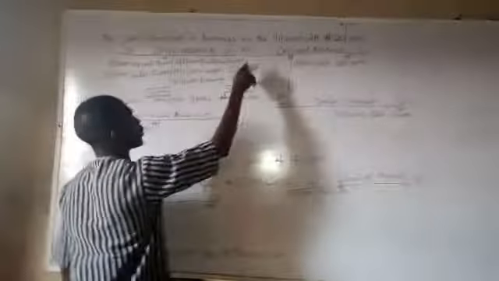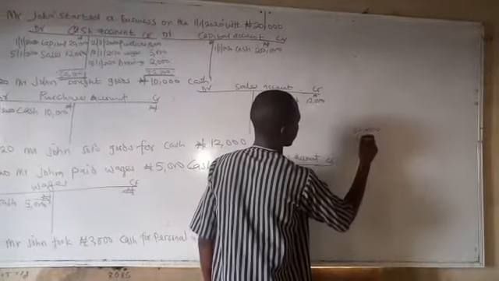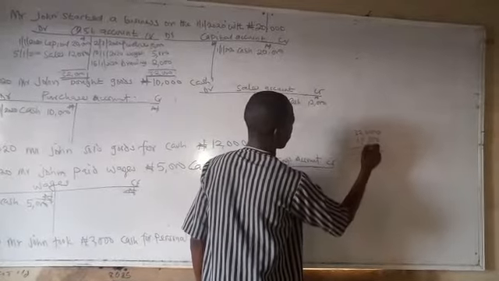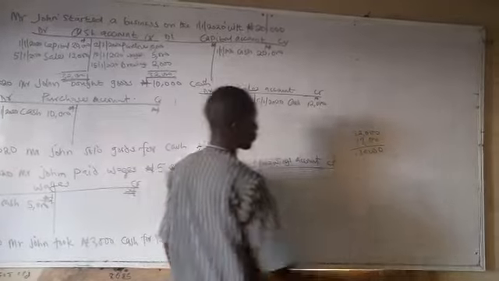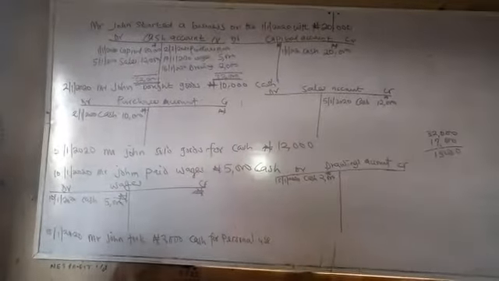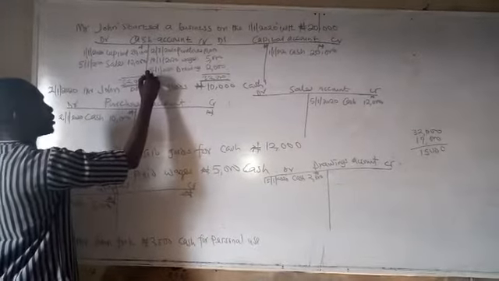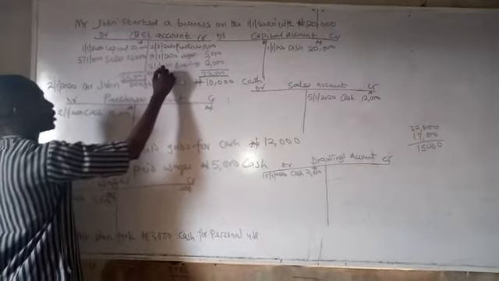The difference will be what? 32,000 minus 17,000 is 15,000, right? Yes. At the end of the what? January, 31st of January 2020.